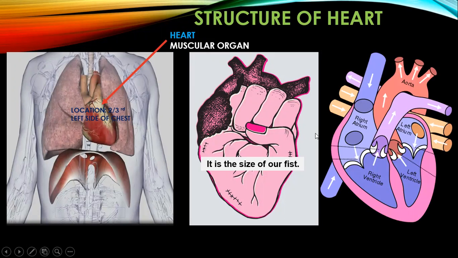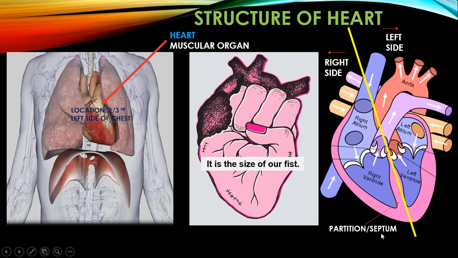This is the internal structure of the heart, and you will be able to see that the left side and the right side of the heart are divided or separated by a partition which is called the septum.